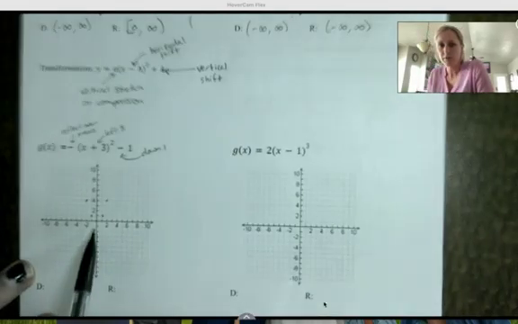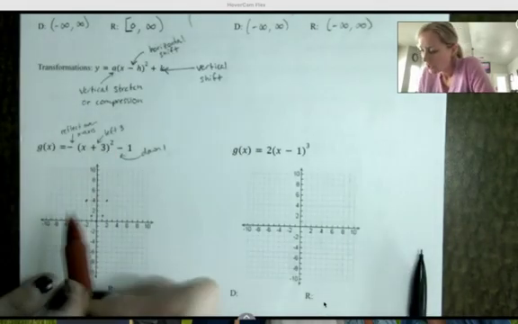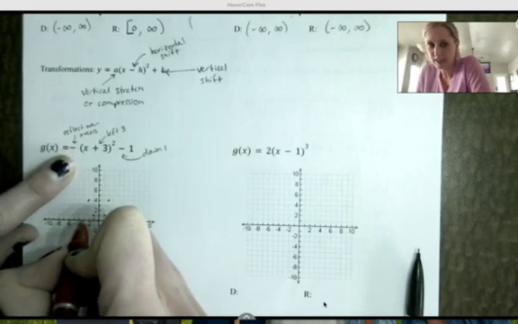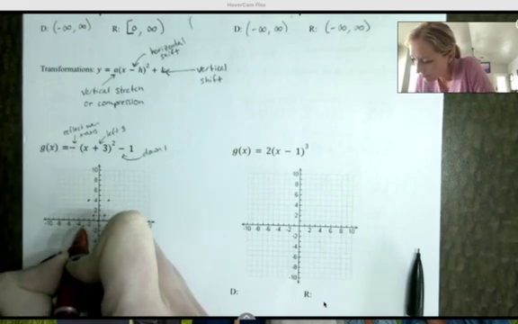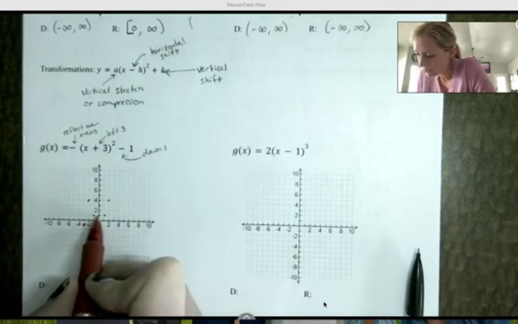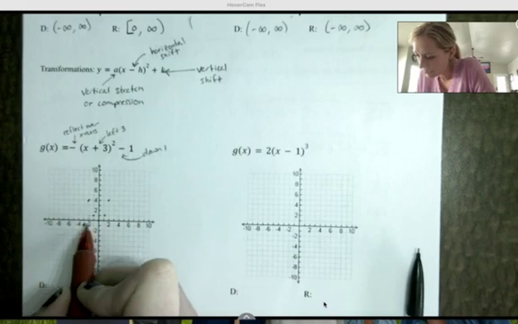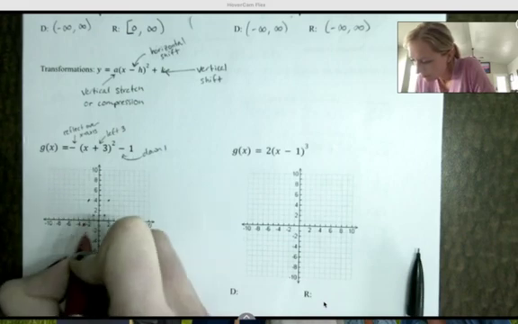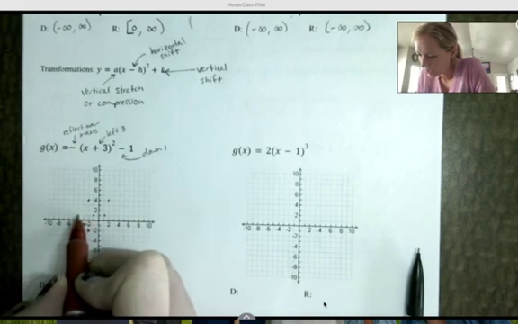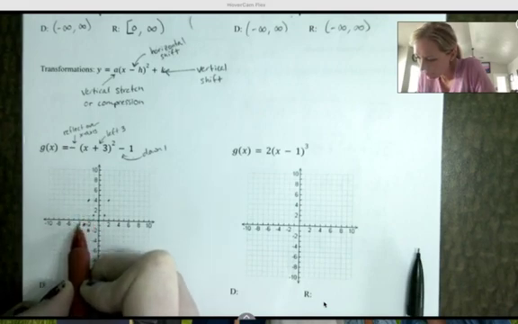Okay, so I am going to go left 3, reflect, and then down 1. This guy, left 3, reflect, down 1. This guy, 1, 2, 3, reflect, down 1.